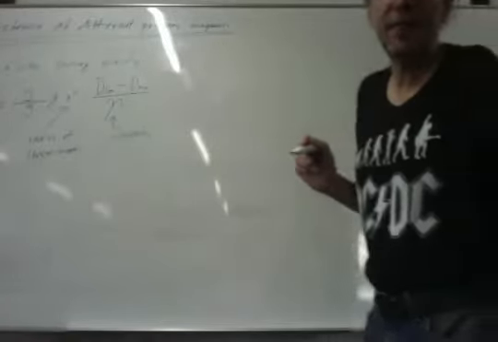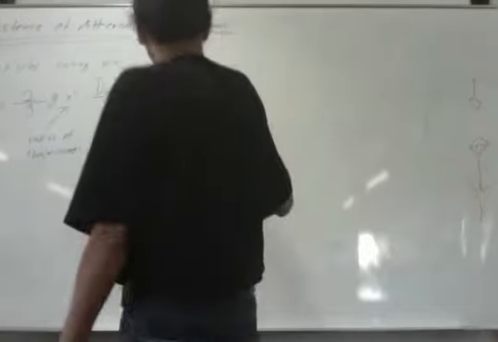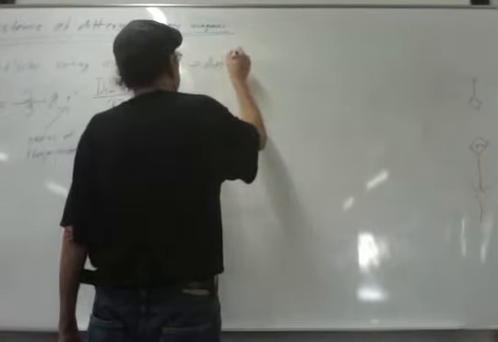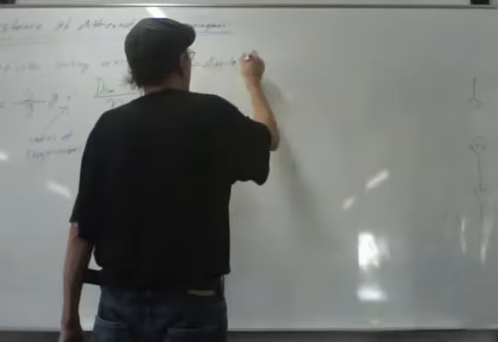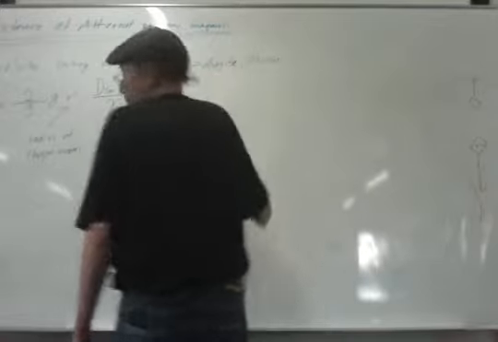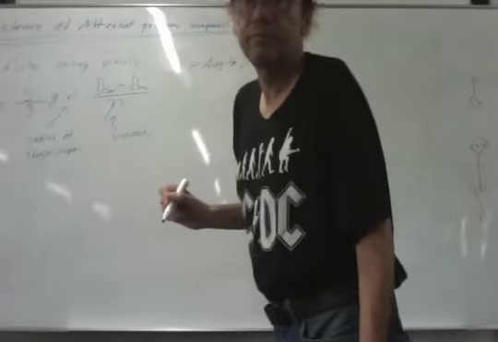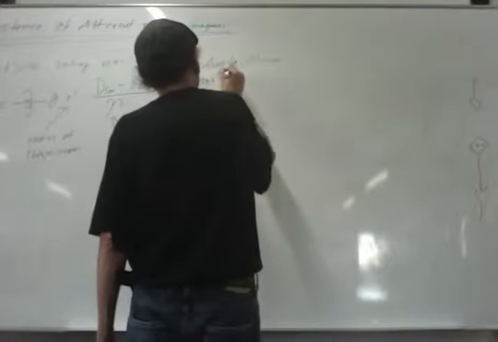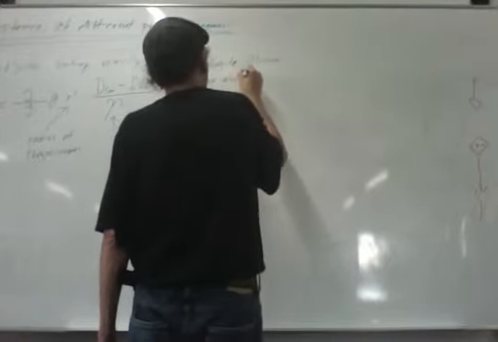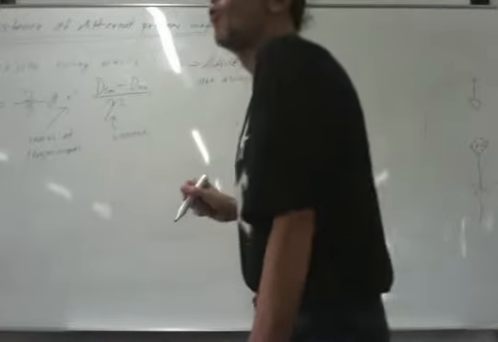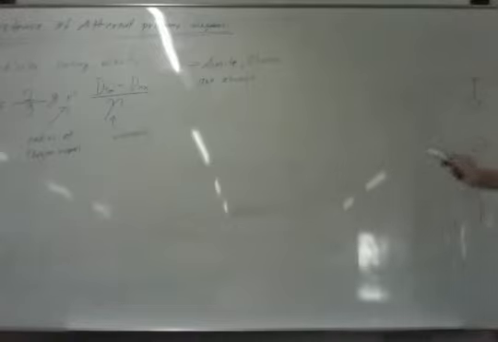So if we have now, for example, orthopyroxene and olivine, what happens with the orthopyroxene and the olivine here in the melt?